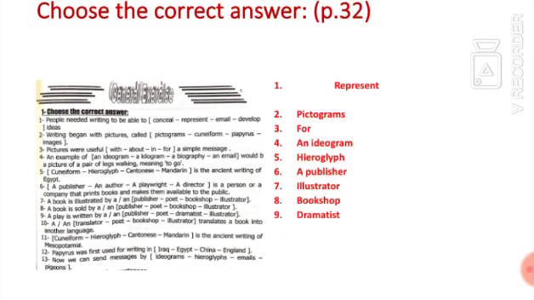A translator translates a book into another language. Number 11. Cuneiform is the ancient writing of Mesopotamia. Number 12. Papyrus was first used for writing in Egypt. Number 13. Now we can send messages by emails.